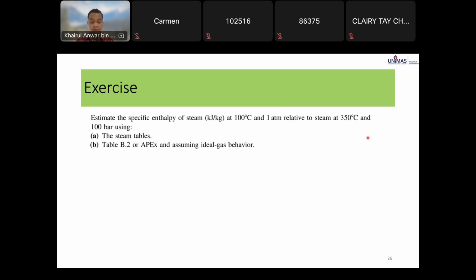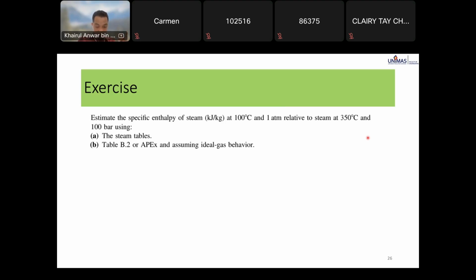First enthalpy at 100 degrees C is 2676. Then it says here relative to steam at 350 degrees C. So you need to find 350 degrees C. Since table B5 is until 102 degrees C, you need to refer to table B6.